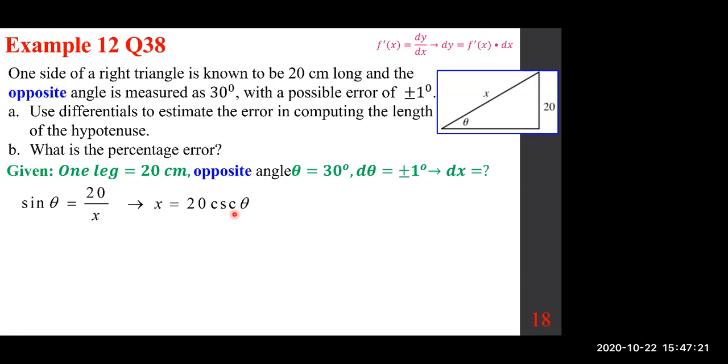So we want to take the derivative with respect to theta. We want dx d theta, which is 20 times, now for cosecant theta the derivative is negative cosecant theta cotangent theta. And so what is dx? dx is the same thing times d theta.